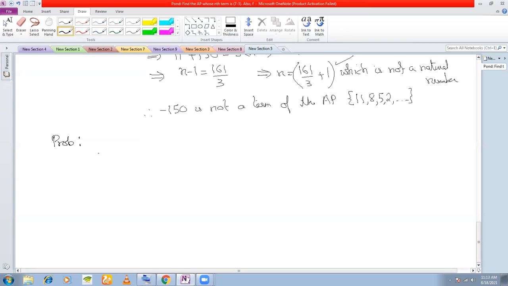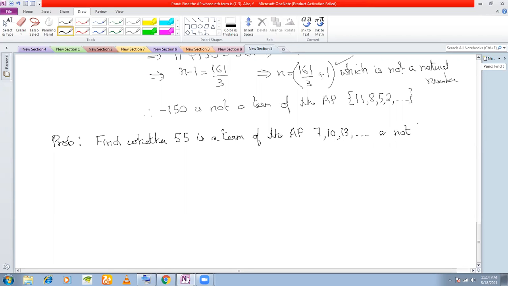The problem here is: find whether 55 is a term of the AP 7, 10, 13, and so on, or not?